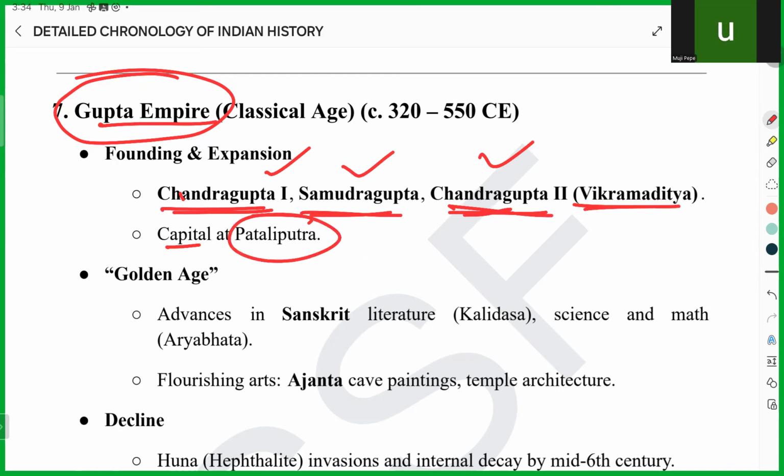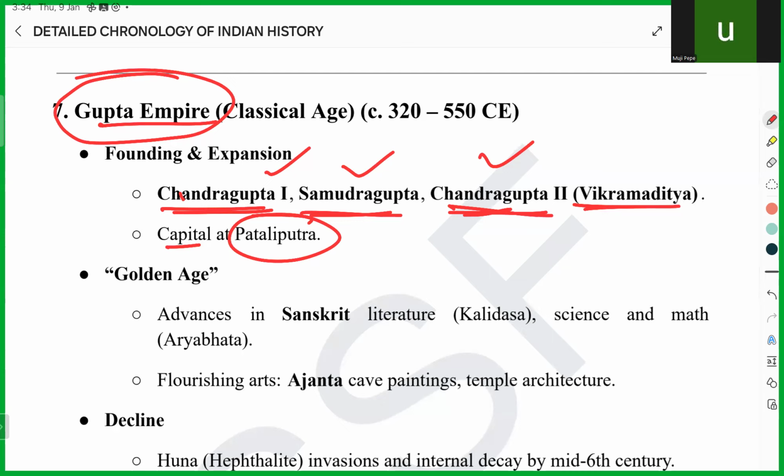So you understand how important Patliputra, or modern day Patna, is for ancient India. Why? Because if you look at Magadha, the Mauryans, the Guptas, all three had their capital at Patliputra. And after this, Patliputra lost its relevance.